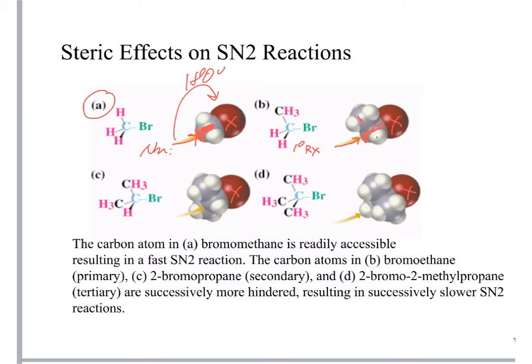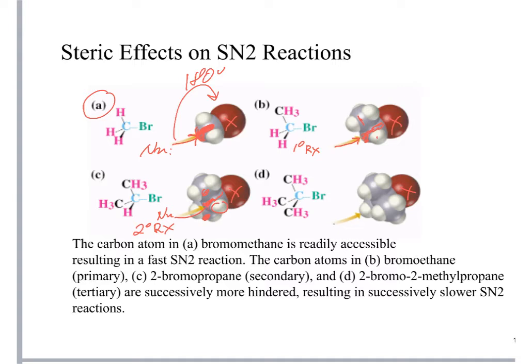When we increase the coordination of the reacting carbon to secondary, so here we have a secondary alkyl halide, notice that it's much more difficult for the nucleophile to get through in between the 2 carbon atoms. Here's a carbon atom attached to the reacting carbon, and here's another one, and 1 hydrogen. So there is much crowding.